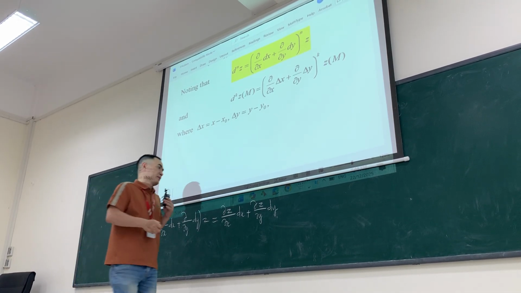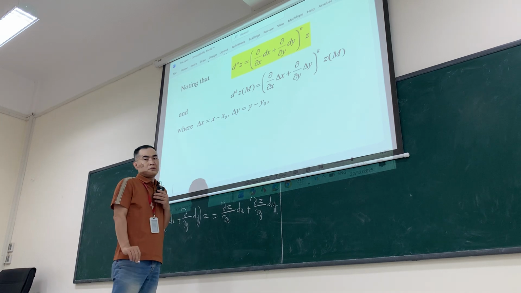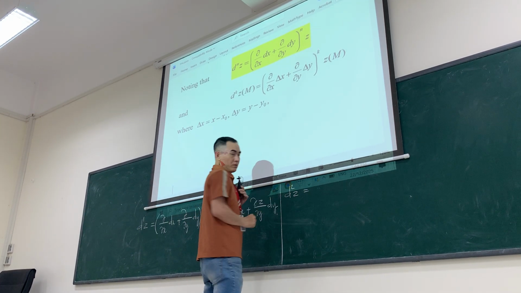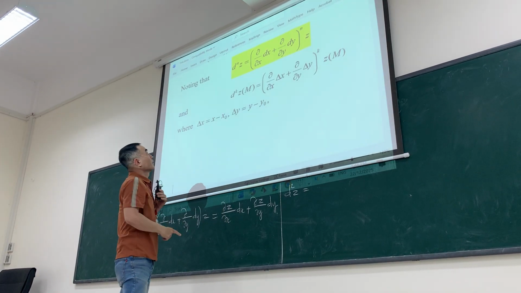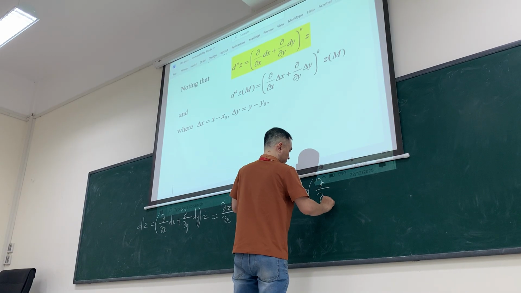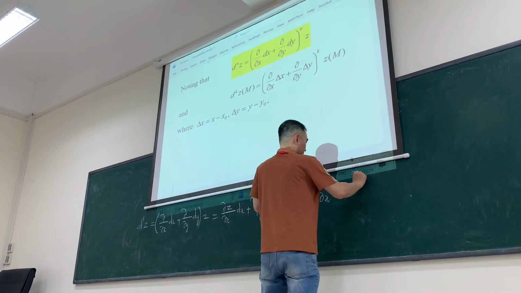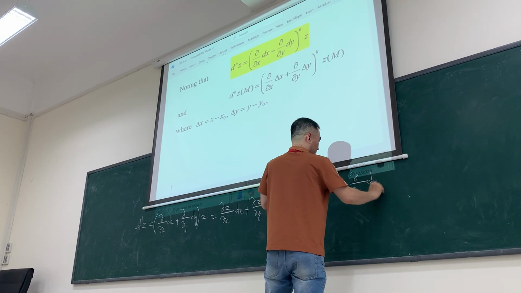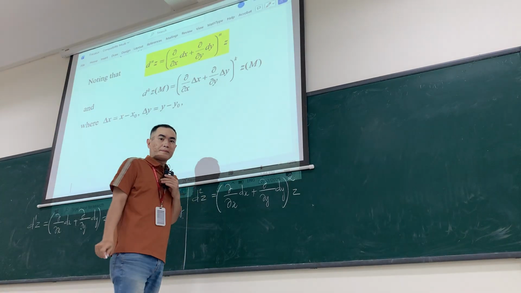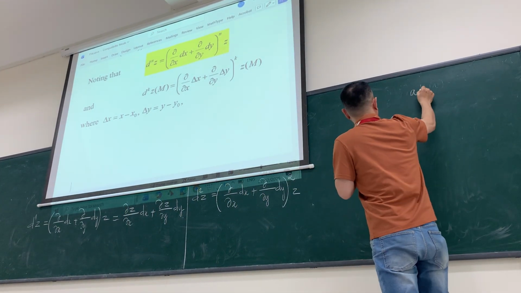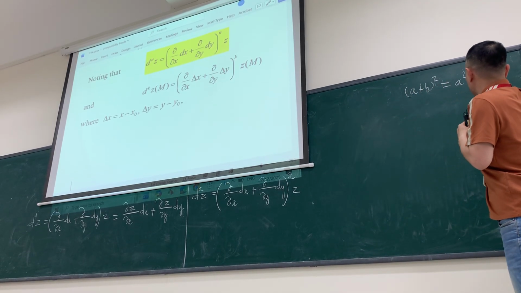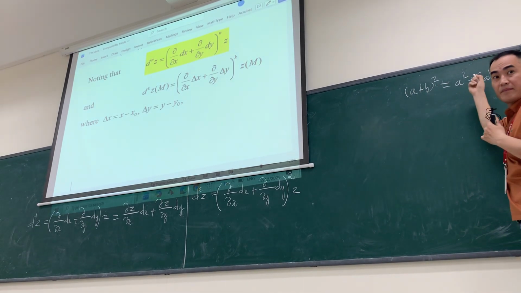Okay, now to continue, n equal to 2, what value? This one on the formula here, it's equal to the square of the operator applied to z. I think you know the formula: a plus b squared is equal to a squared plus 2ab plus b squared.